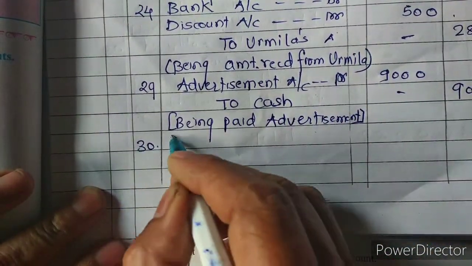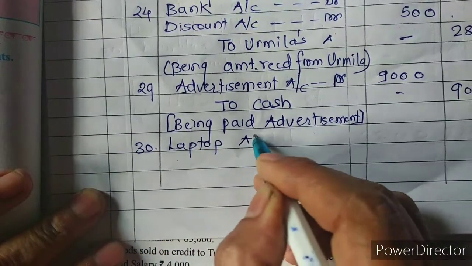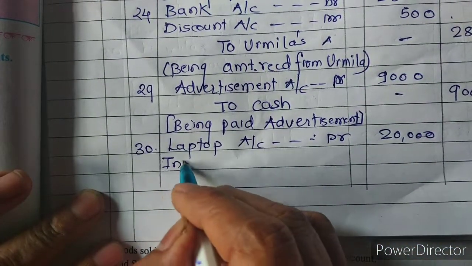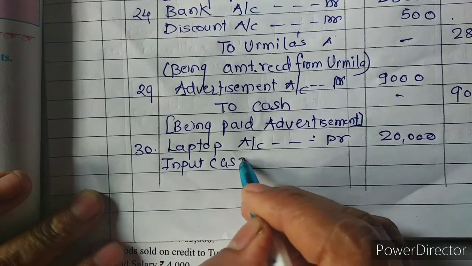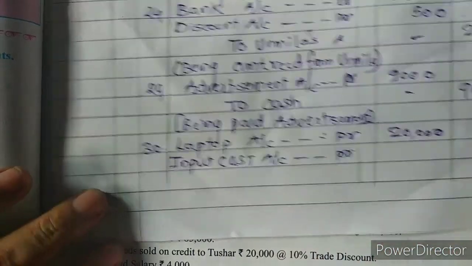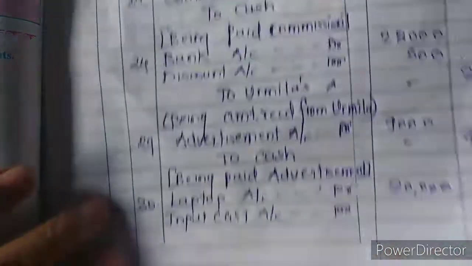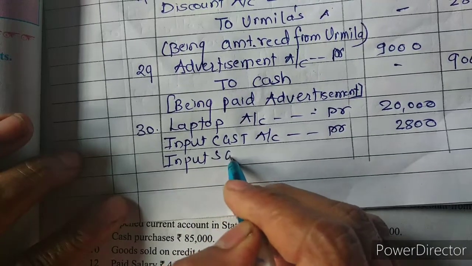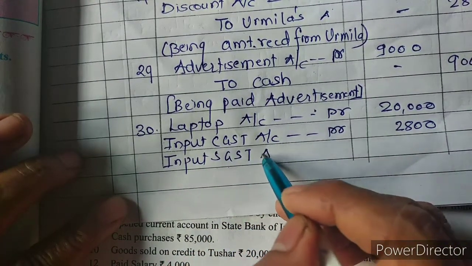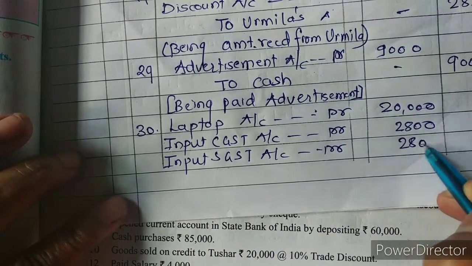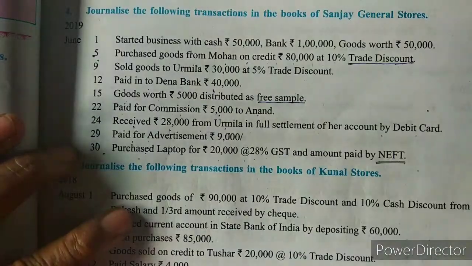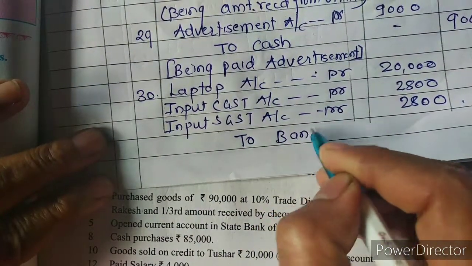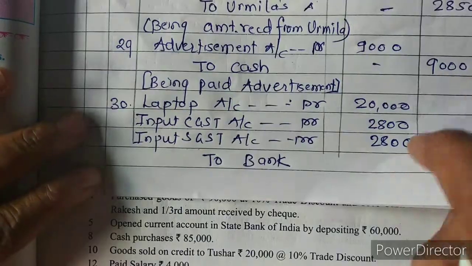So your entry on 30th June, laptop account debit, laptop comes in 20,000, input CGST account debit, which we have found out 2,800, input SGST account debit, same 2,800, and to bank account credit, which is 25,600.